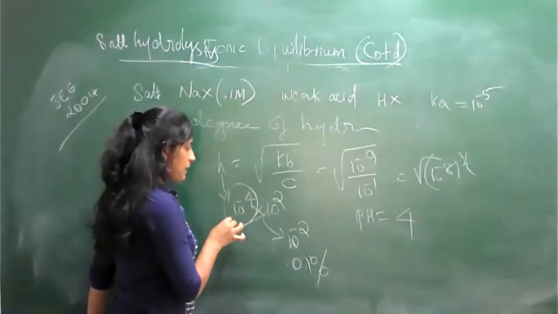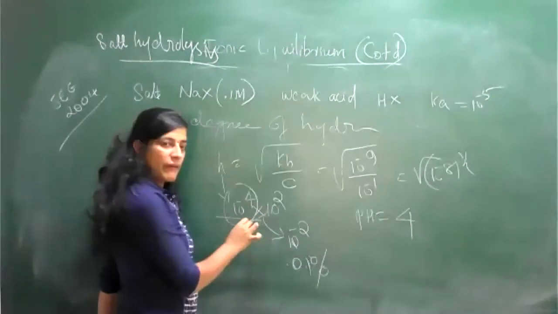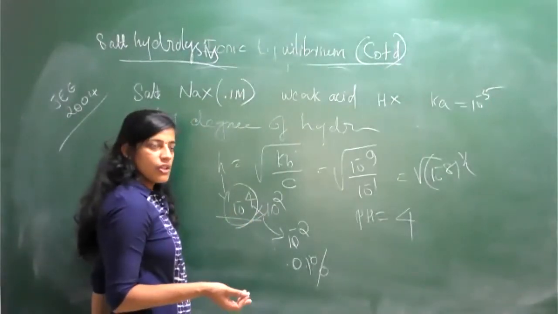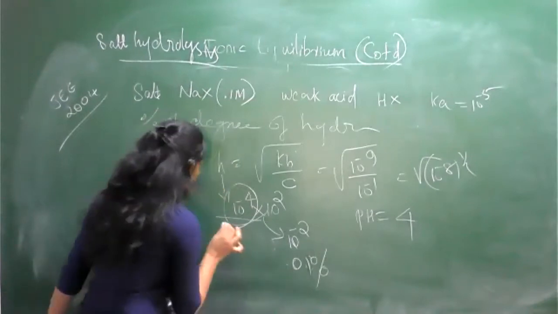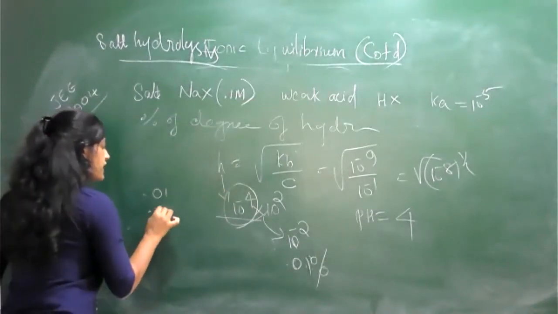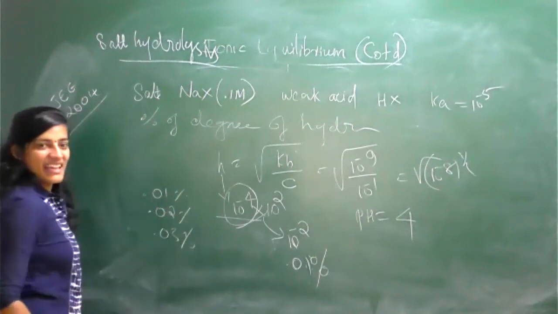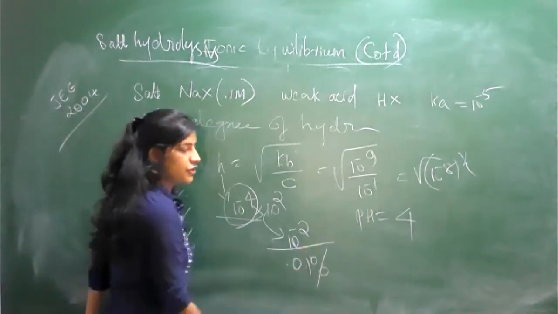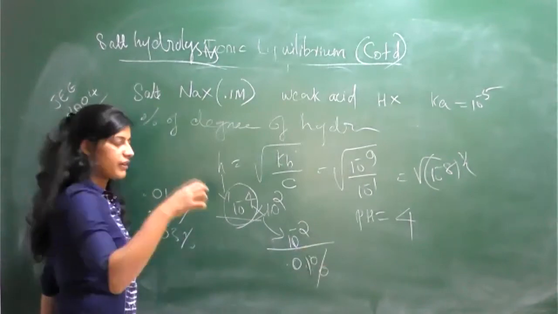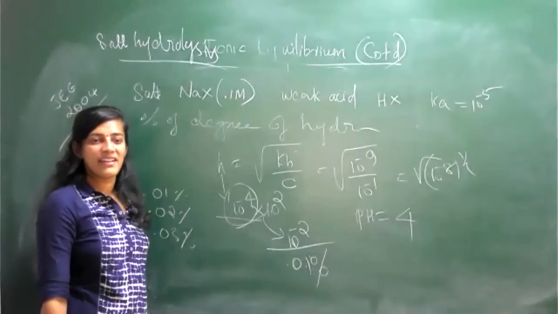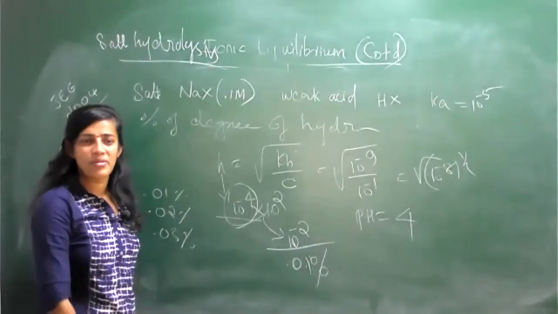While solving you get 10 to the power minus 4, and you want to convert it into percentage form, so multiply it with 100. Otherwise, where is 10 raised to minus 2 in the options? It is not there.